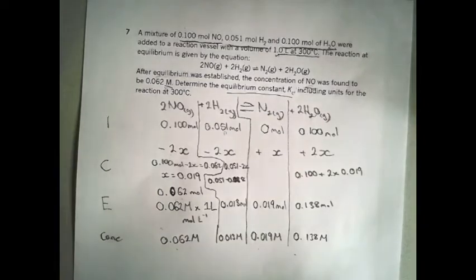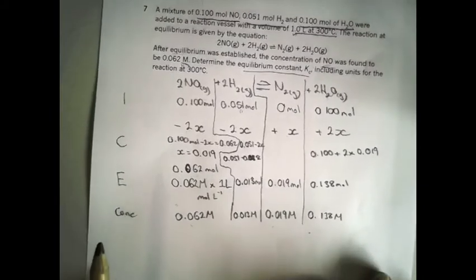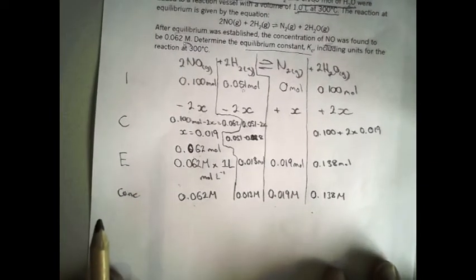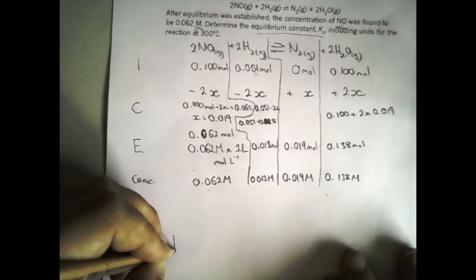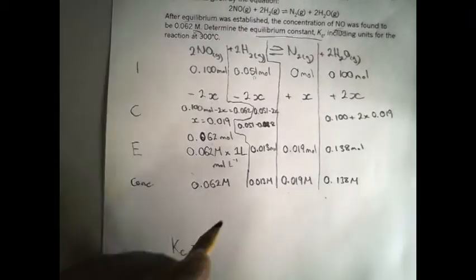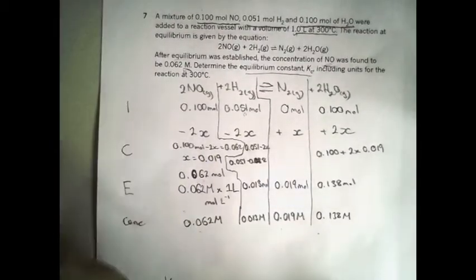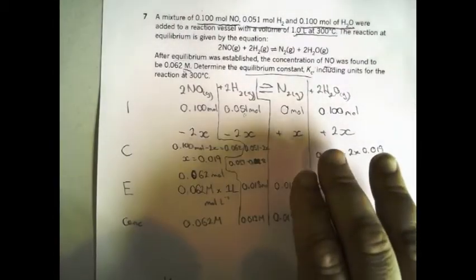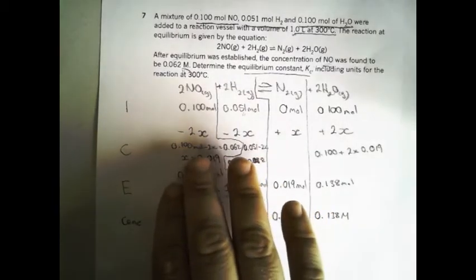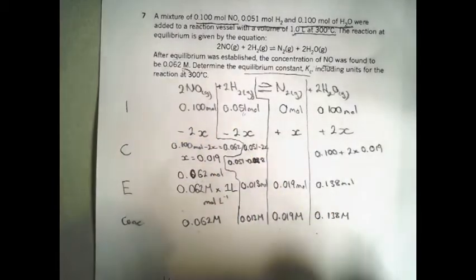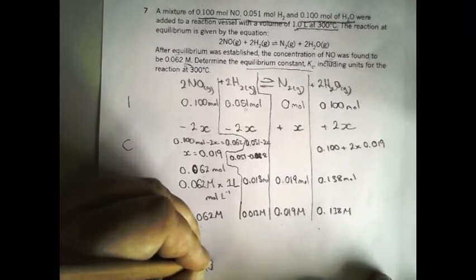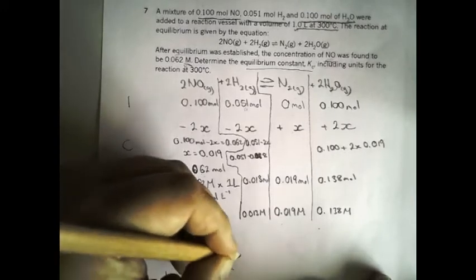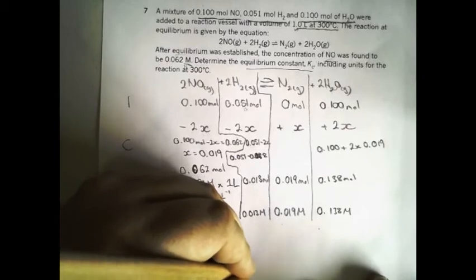in the system. So now we can go ahead and calculate the equilibrium constant, right? So the equilibrium constant is calculated using those concentrations, right? And it's the concentrations of the products divided by the concentrations of the reactants. So the concentration of N2 multiplied by the concentration of H2O.